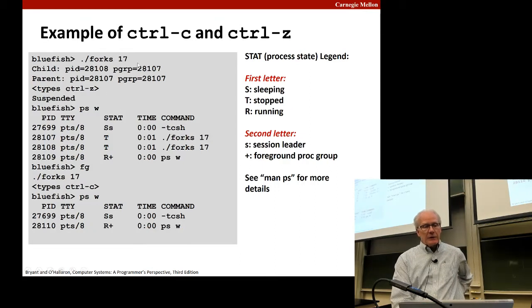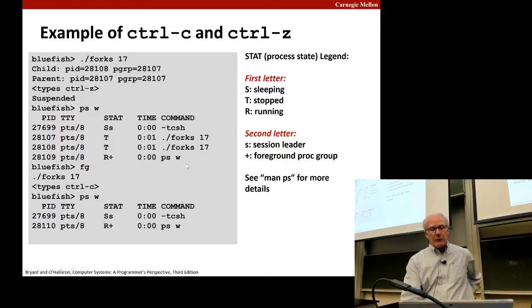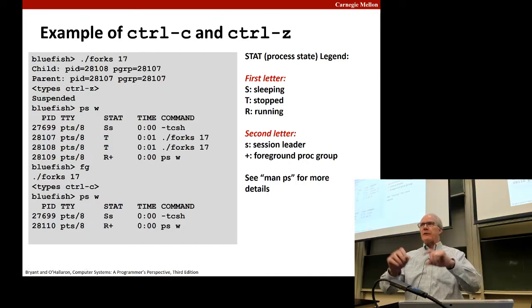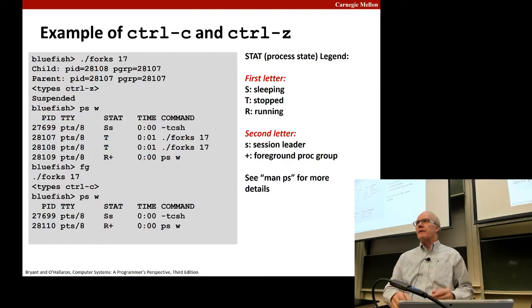So I did forks, I typed Control-Z, and that stopped these processes. Now if I say foreground and type Control-C, it will terminate those 2 processes. The point being that Control-C terminates not just the process that's directly running, but if it spawned children, those will be terminated as well.